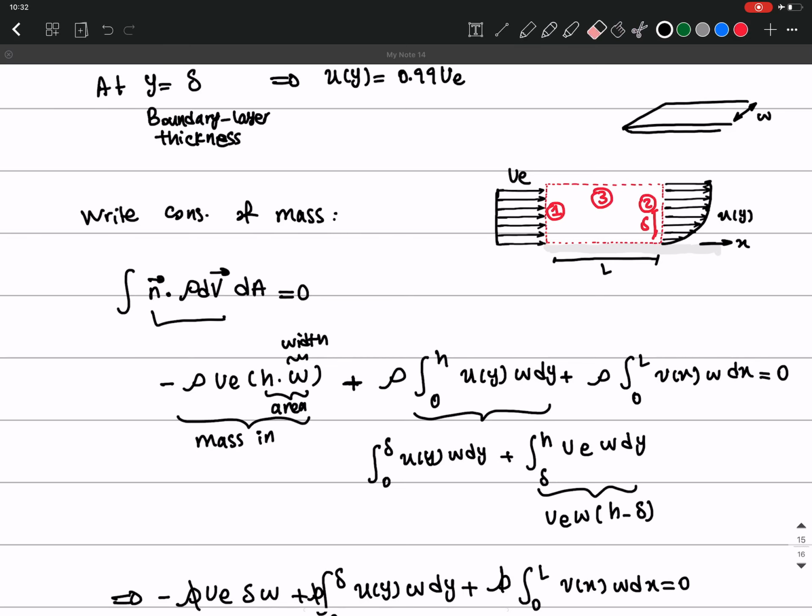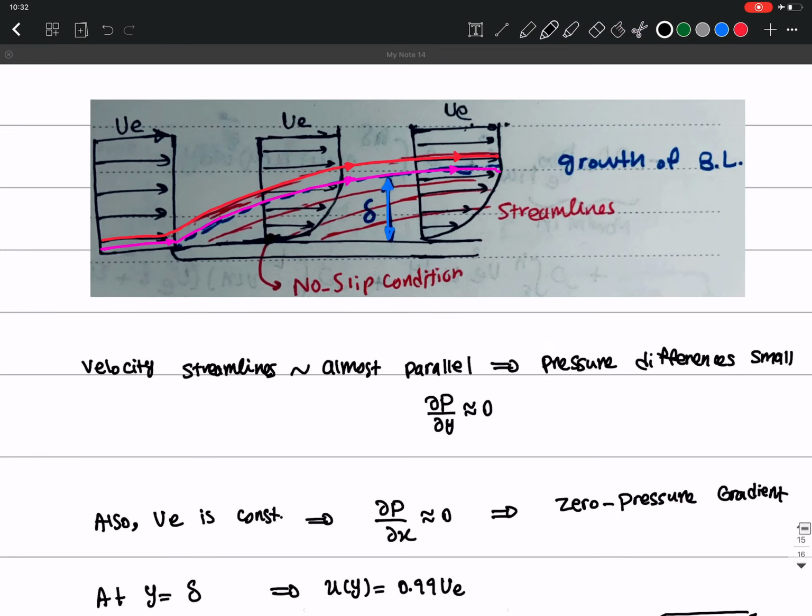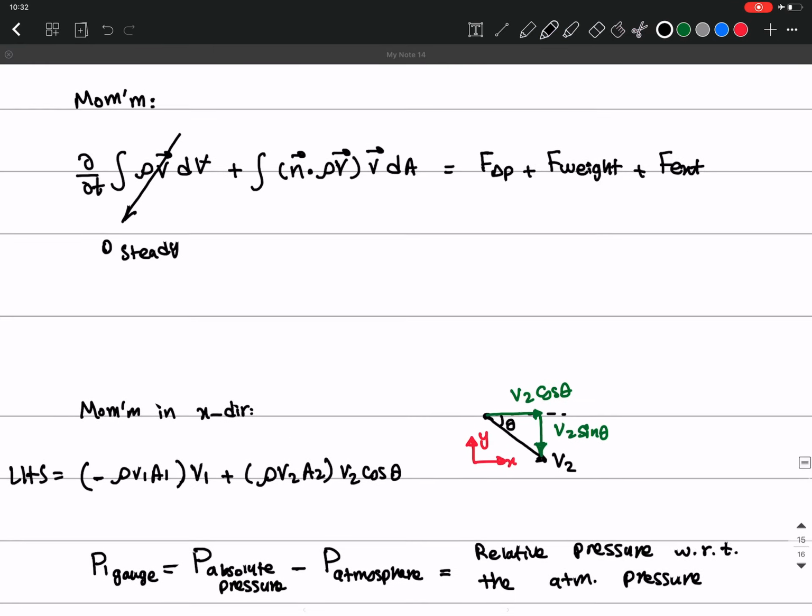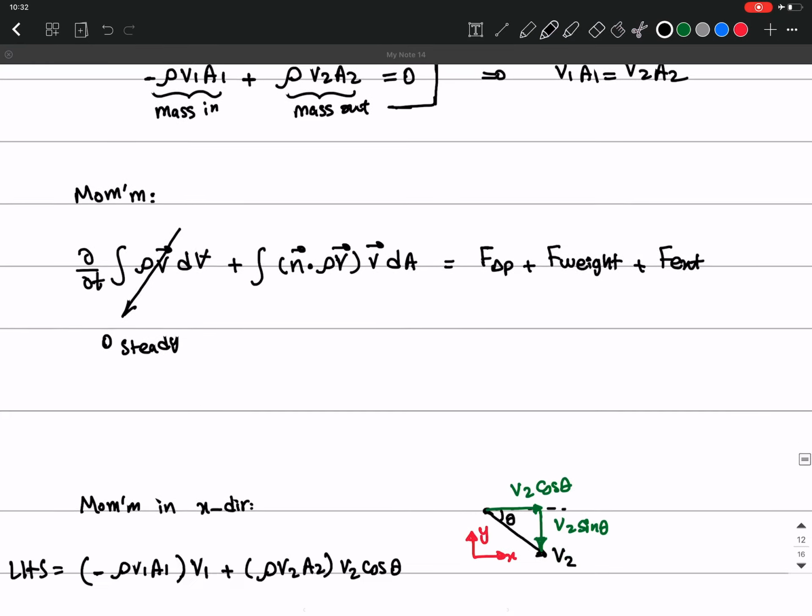Why did I write W here? Sorry, this is not W. This is rho V. And then here, I think I have a small typo. Let me see, where was it?